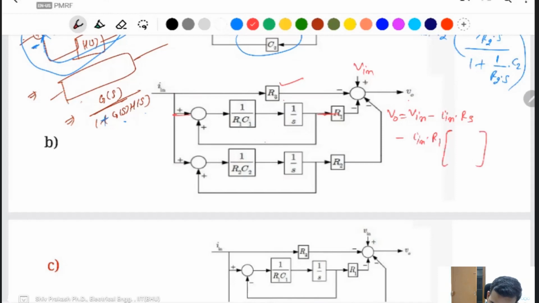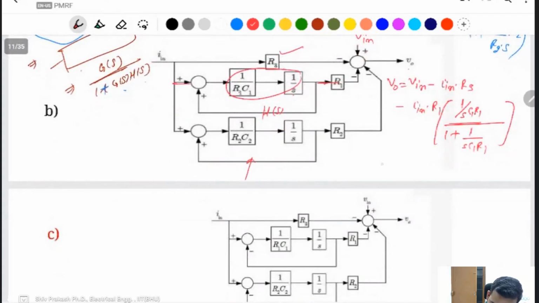Feedback is 1. 1 multiplied by 1 divided by S C1 R1, divided by S C1 R1 by 1 plus GSHS. Here the feedback is going to 1. That's why HS is the same as GS divided by S C1 R1.